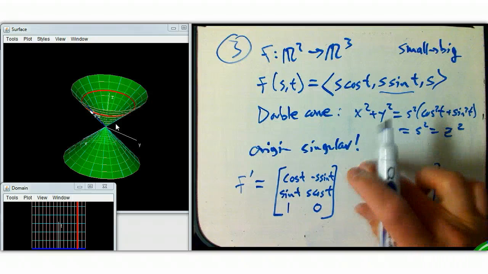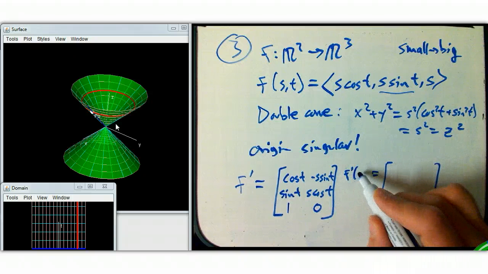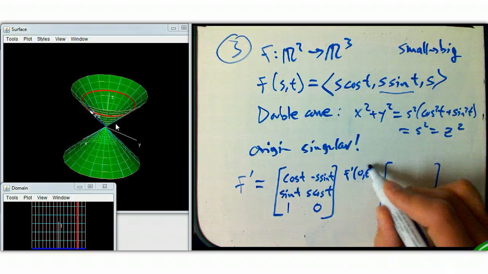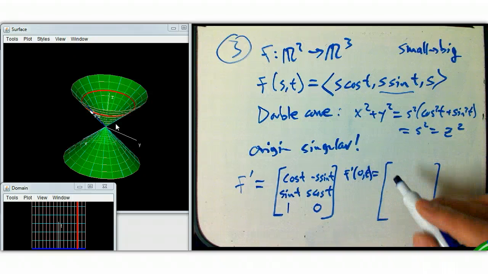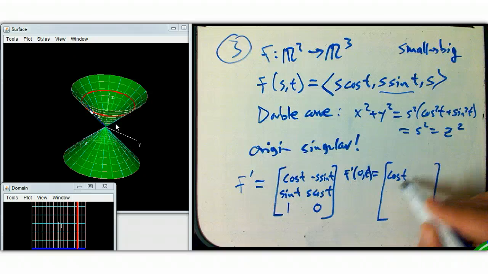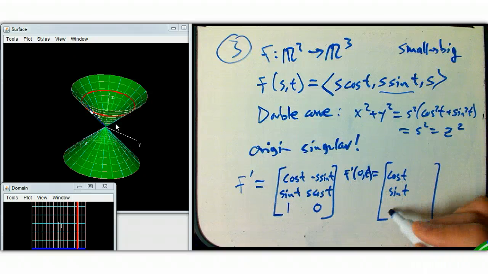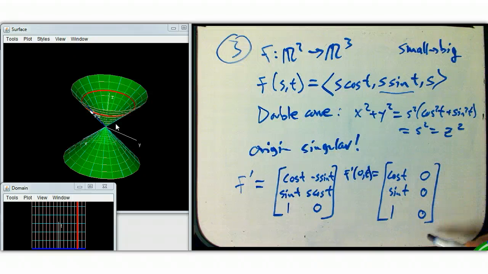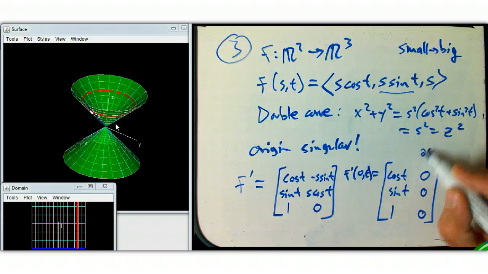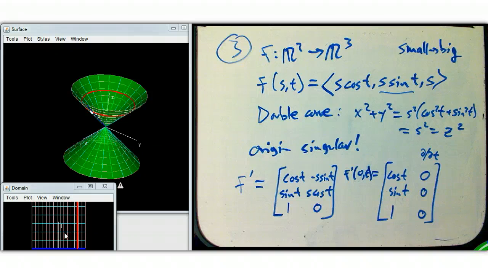Okay, f prime at 0, comma, whatever for t is going to be, okay, cosine t, sine t, 1, those don't get affected. But the second column of the matrix of derivatives, remember, these are the d by dt's. Those are the things that, if I vary the t variable, that's the one that goes around.